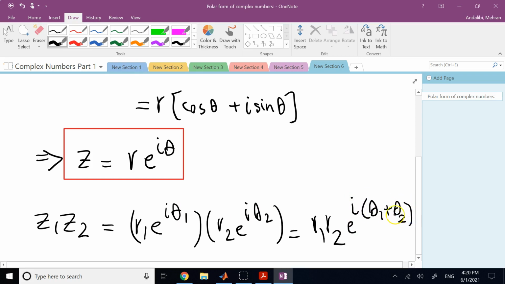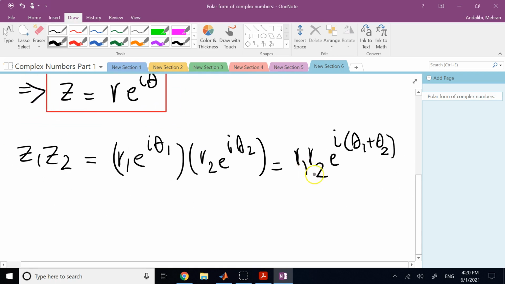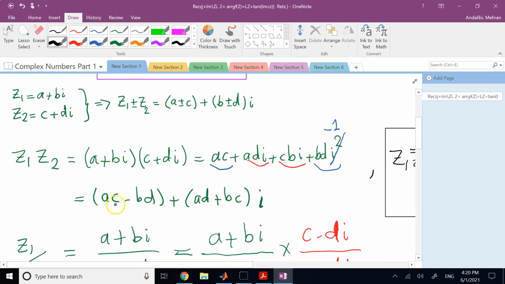Theta 2. So the product of two complex numbers is what? Another complex number, where the magnitude of it is the product of the two magnitudes, the angle of it is the addition of the two angles, right? So it's, to me, way easier to add the two angles and multiply the two magnitudes than to apply four operations here, right? AC minus BD and AD plus BC.